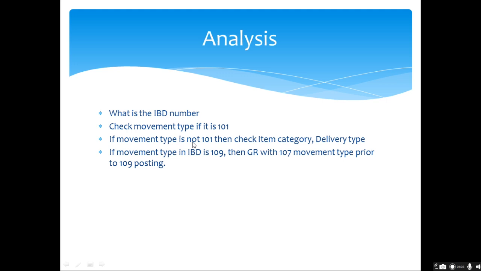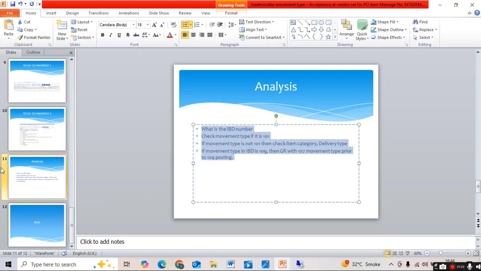If the movement type is not 101, then we need to check what the item category and delivery type are in the IBD. And if the movement type in the IBD is 109, then do GR with 107 movement type prior to 109 posting. That means we need to post 107 movement before 109.